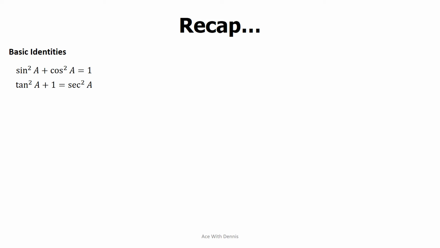Tangent square A plus 1 equals secant square A. And 1 plus cotangent square A equals cosecant square A. How to use these formulas: if you encounter squared trigo functions like sine square A, cosine square A, tangent square A, secant square A, cotangent square A or cosecant square A, or it involves 1, you use the basic identities.